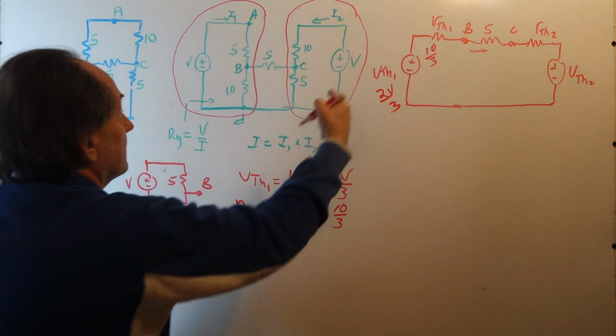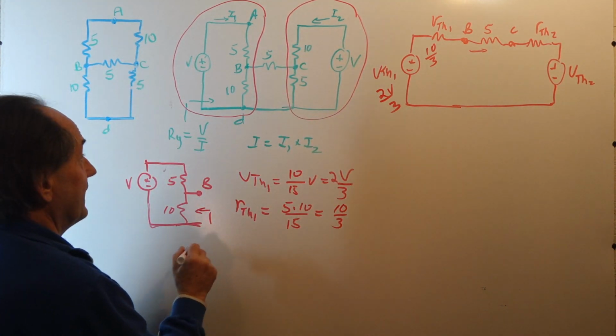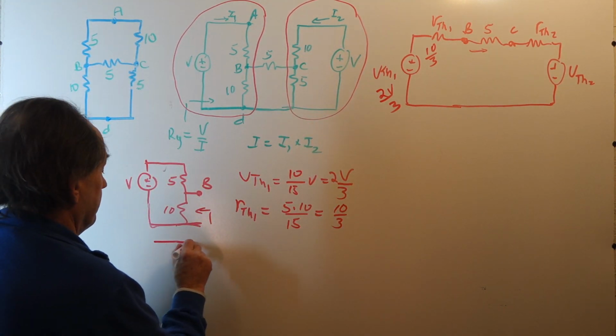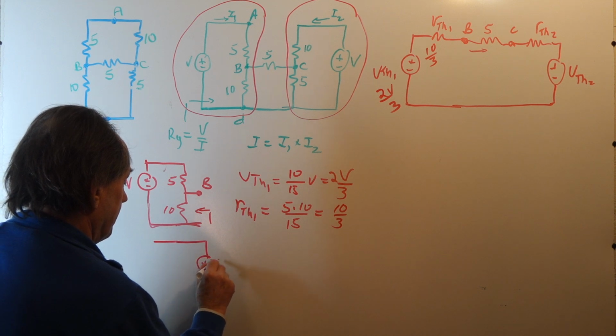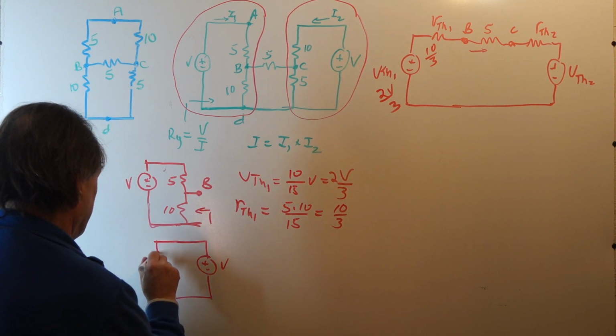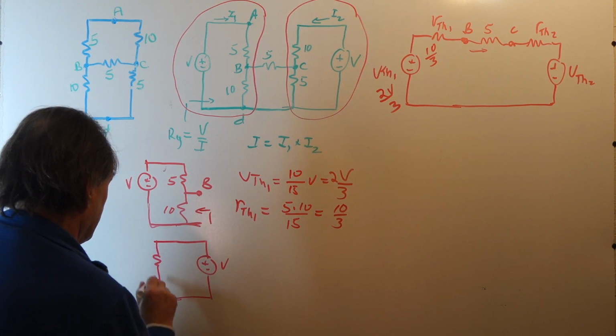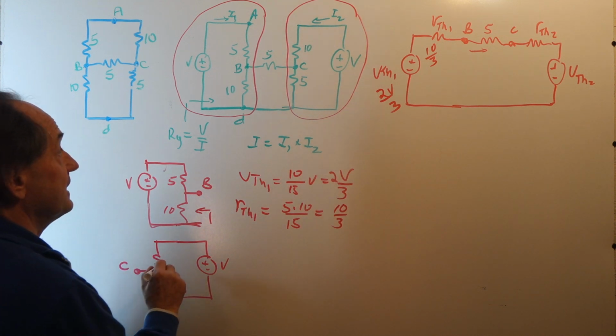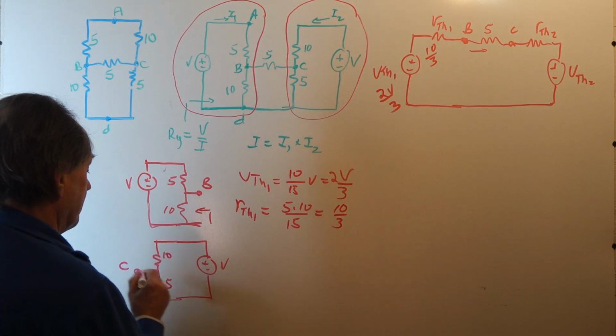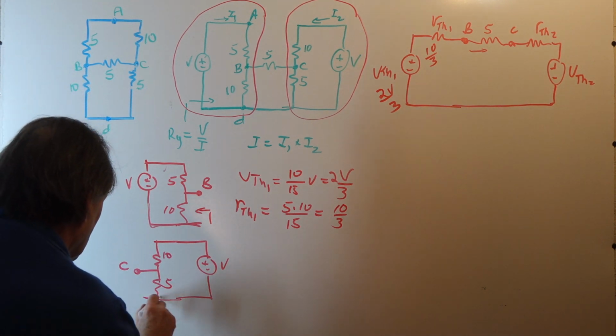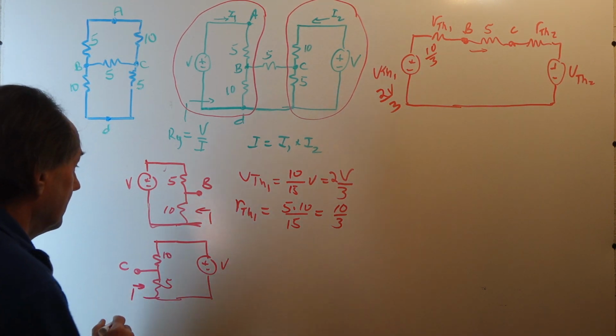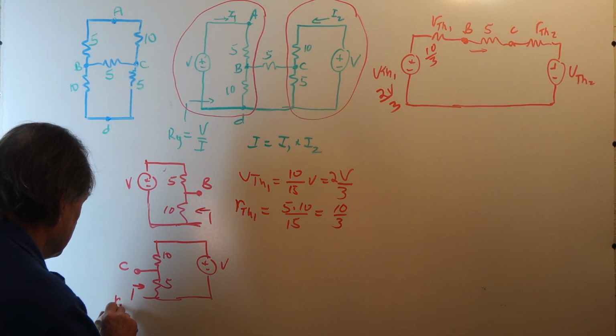Similarly, let's look this way. We have this network. And this is node C, and we have 10 ohms and 5 ohms in V. Now, looking in here, this is our TH2.